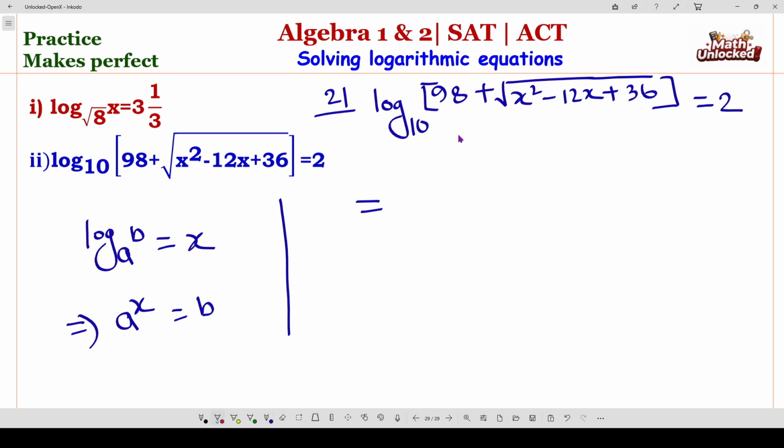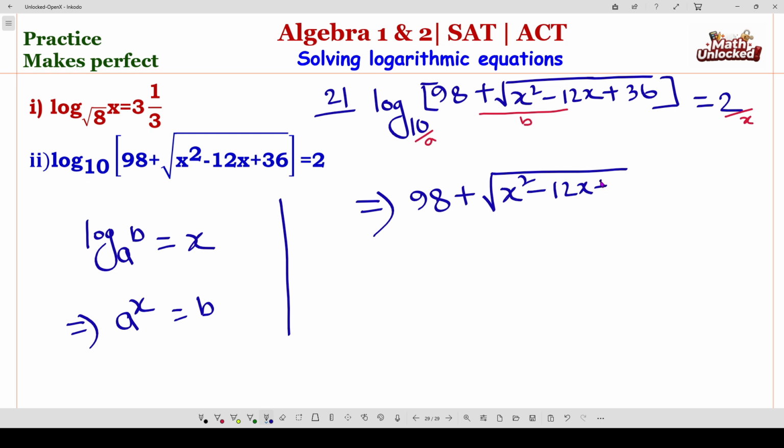In this case, if we consider 10 as a, this expression as b, and this 2 as x, then a to the power x equals b. So we can write 98 plus root x square minus 12x plus 36 equals a to the power x, it means 10 square.